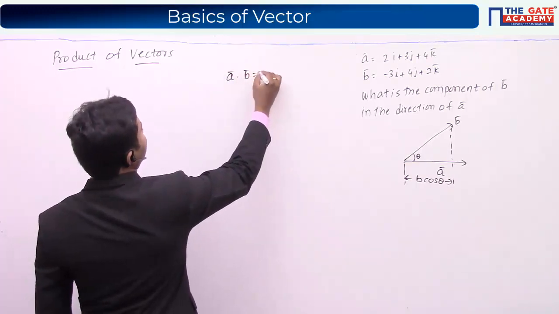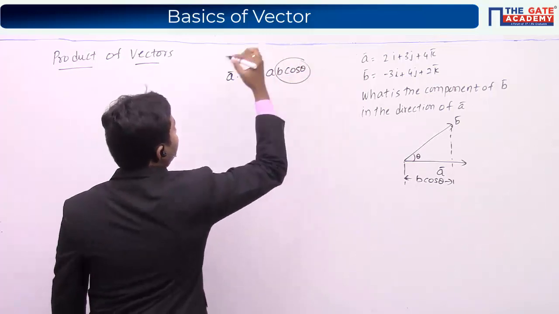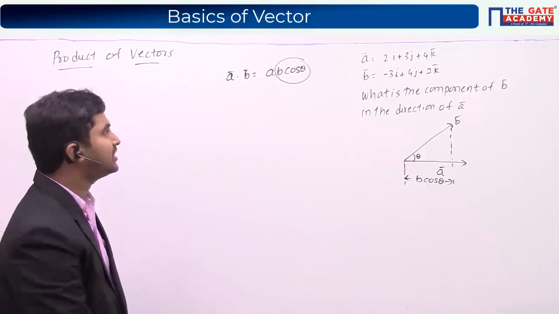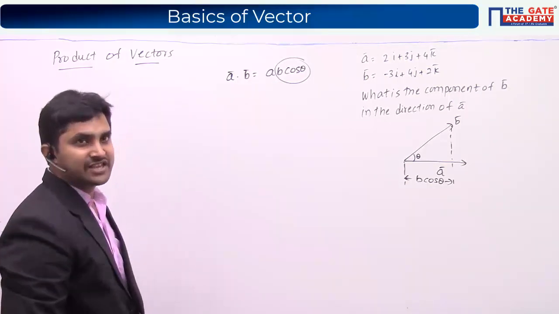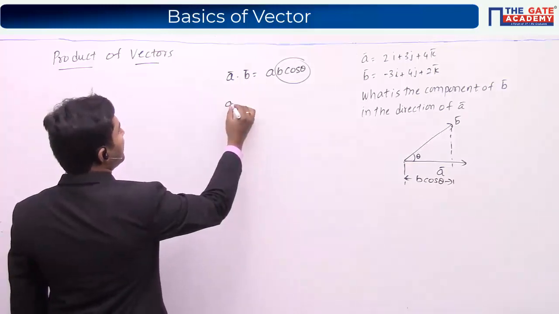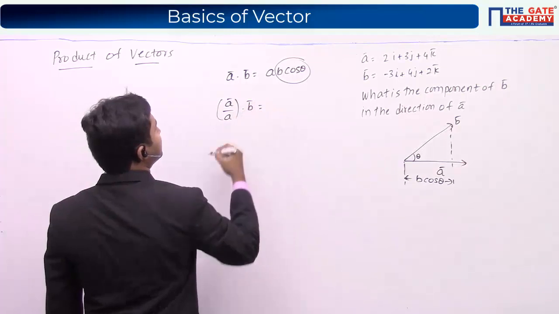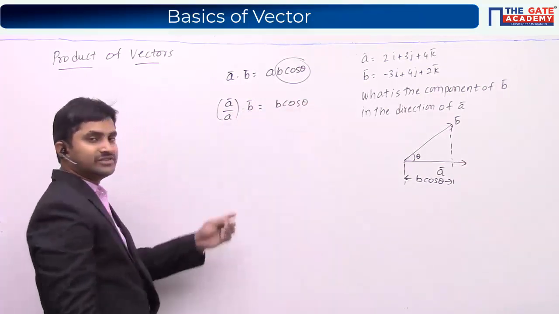A bar dot B bar we know is nothing but AB cos theta, and here I require B cos theta, isn't it? So what I can do is take this A to the other side. So A bar by A dot B bar is nothing but B cos theta, isn't it? Do you agree with this?